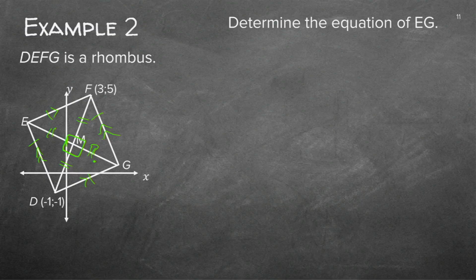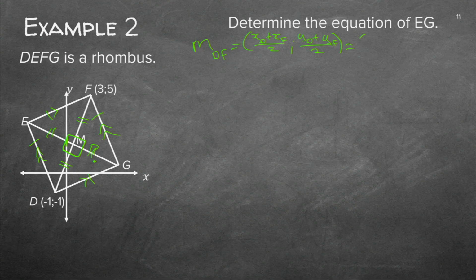So if I can find the midpoint of DF, which is x of d plus x of f over 2, y of d plus y of f over 2.